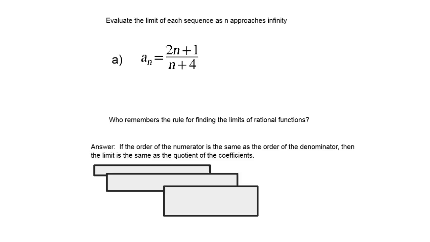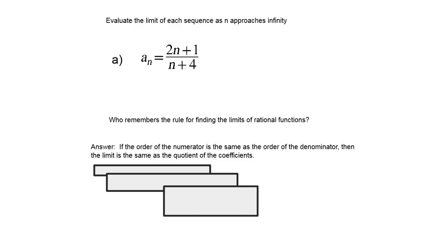If the order of the numerator is the same as the order of the denominator, the order of the numerator here is 1 because the highest power in this polynomial is n to the first power, and in the denominator, again, the highest order or the highest power of n is 1. So both the numerator and the denominator have order of 1.